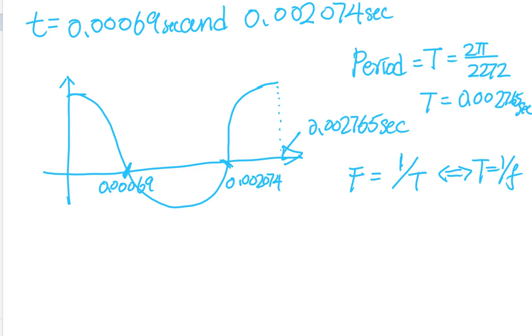But we're looking for frequency in this case because it says how many times in 1 second. That usually tells you you're looking for frequency. So frequency is equal to 1 over 0.002765. Let's plug it into the calculator.